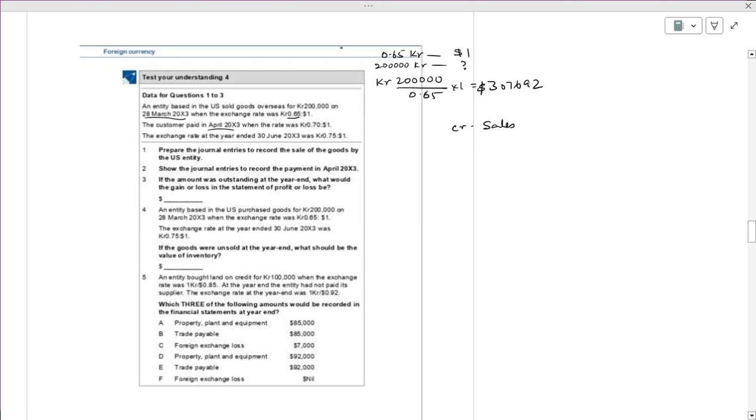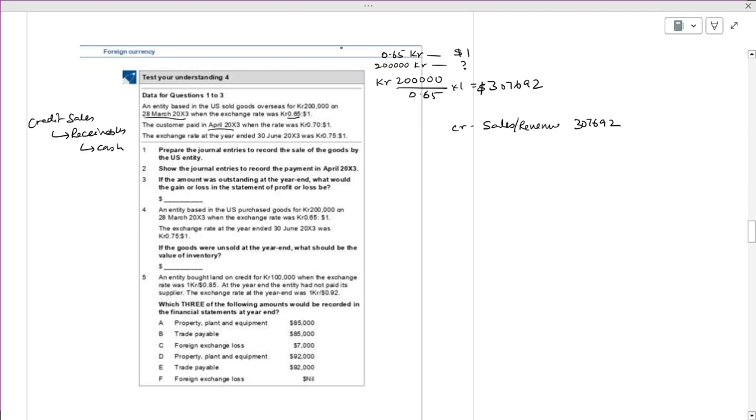Both are the same. It is 307,692. You have not received it. Credit sales will give to receivables, receivables will give it to cash.